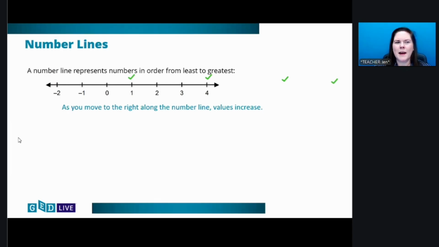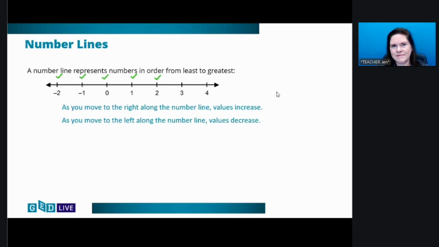So notice what happens when we move to the left on the number line. The values get smaller and smaller and smaller. 2, 1, 0. Now we're in the negatives. So every number line works like this. Moving to the right, the numbers get bigger. Moving to the left, the numbers get smaller.